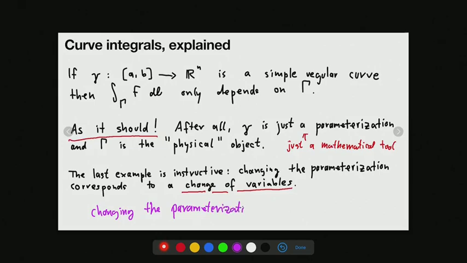There will be a few exercises about this too. I think after a few exercises you will be more comfortable with that. It takes some practice, but after some time this will flow quite naturally for you. That was some discussion about changing the parameterization in the curve.